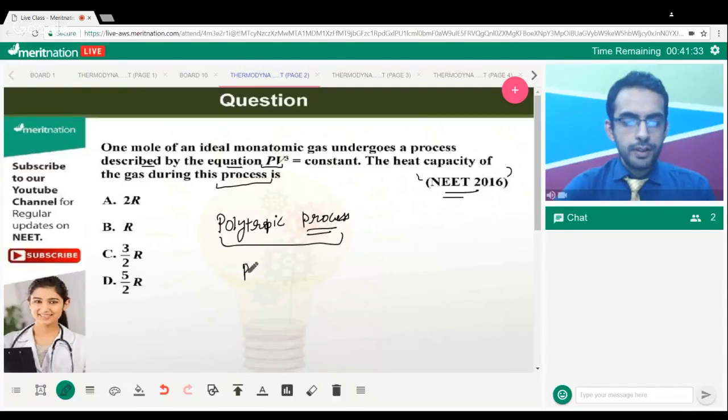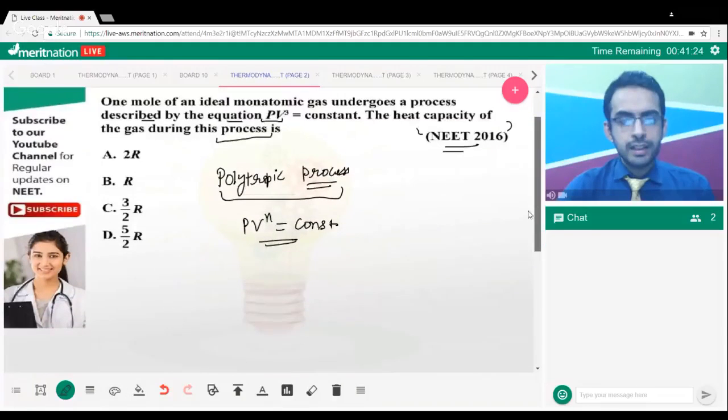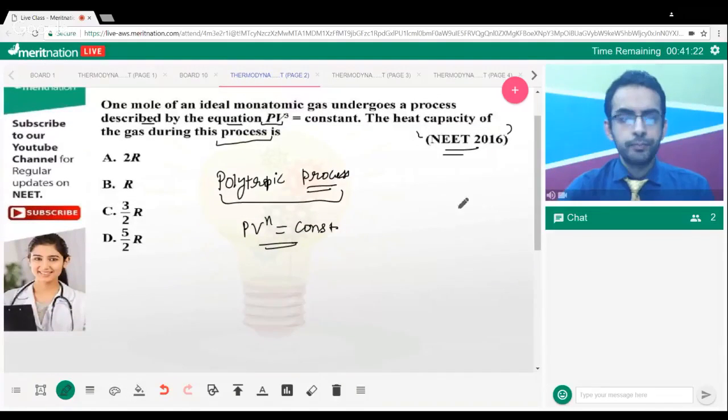So in a polytropic process, PV raised to power n is constant. How do we find the specific heat or the heat capacity for this polytropic process?